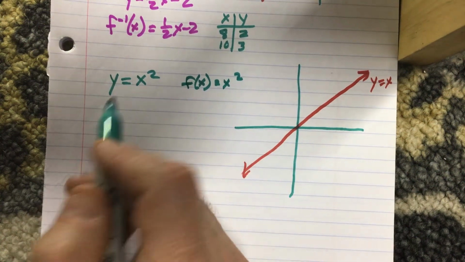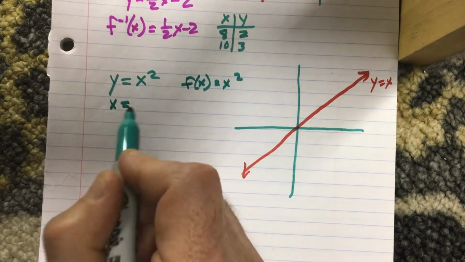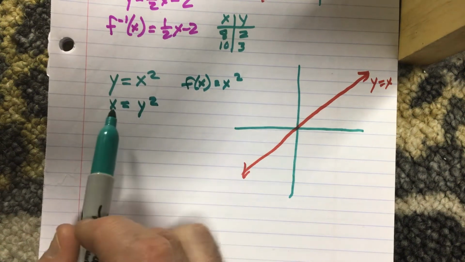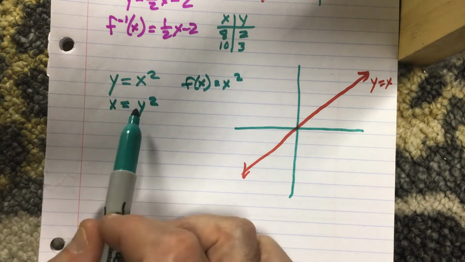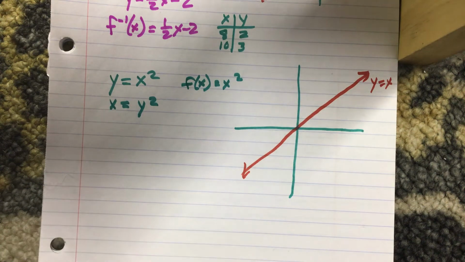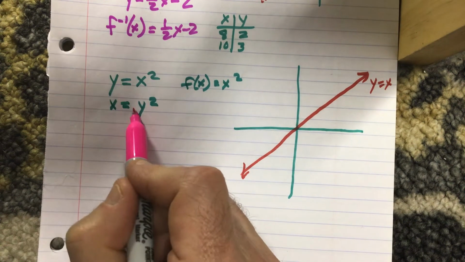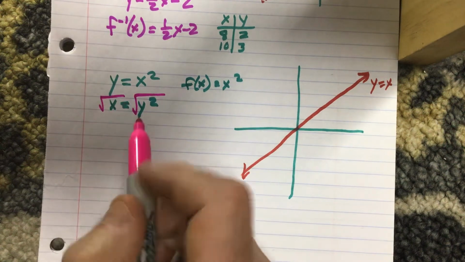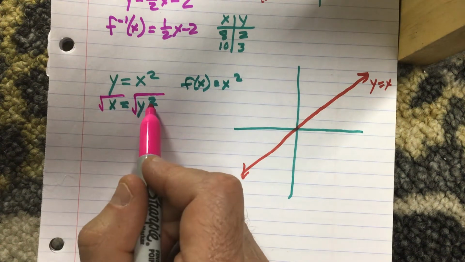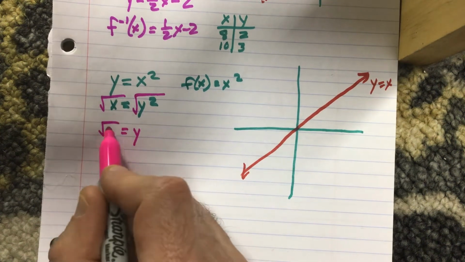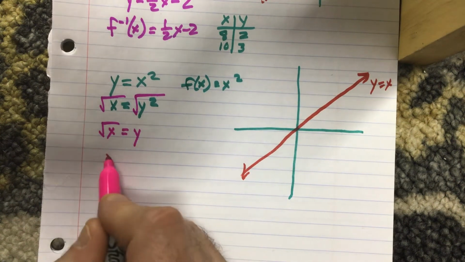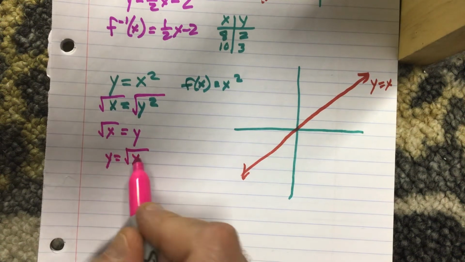If I switch the x and the y, and I say x equals y squared, so the steps are always, to find the inverse function, you switch the x and the y, and then solve for y and try to get y by itself. So to get this y alone, I would take the square root of both sides. The square root and the square would cancel each other out, and I would just get y equals the square root of x.